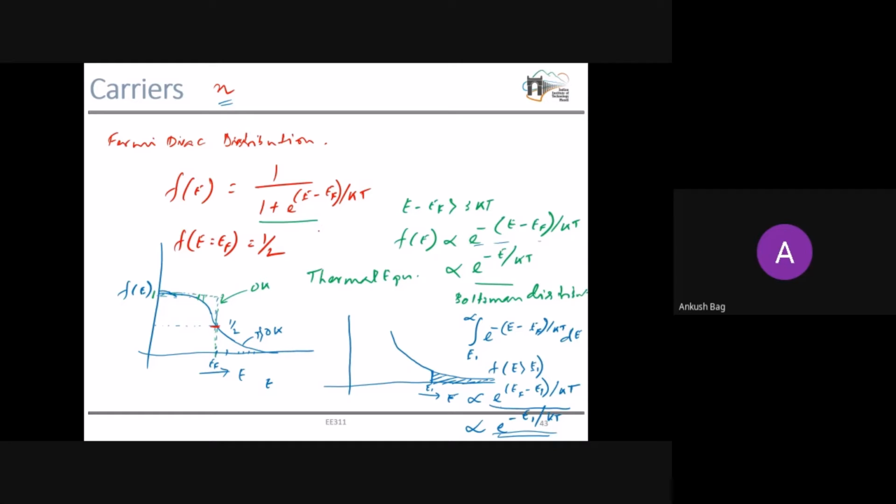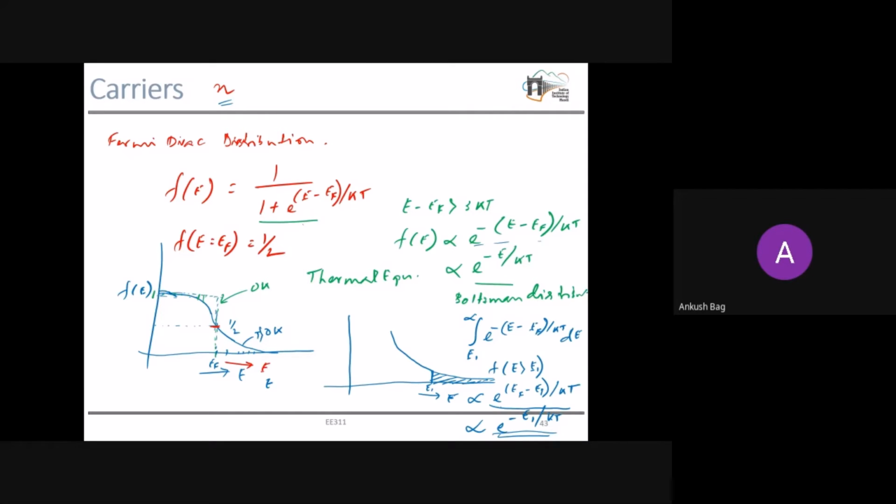Now the question is, at 0 Kelvin what will happen? Let's consider this expression once again. First consider E greater than EF, that means this region.